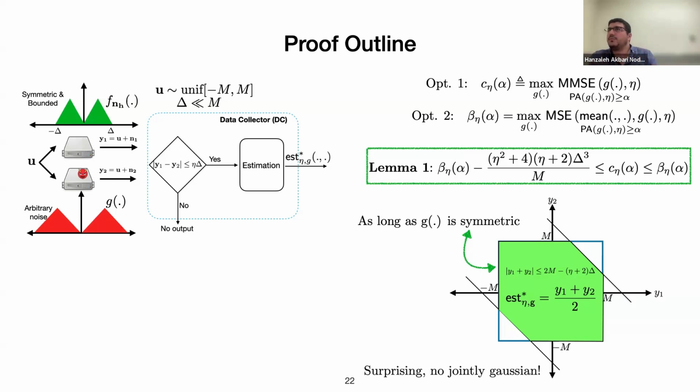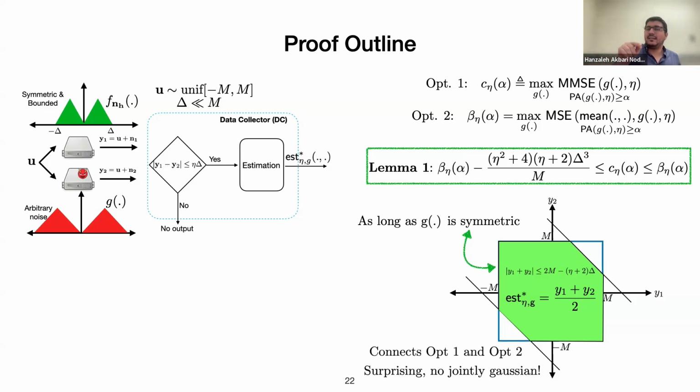And I'm sure all of us know that the only case where the estimation function is linear is when the noise distributions are jointly Gaussian. But here we don't have such an assumption. Yet we have proved that for this range, perhaps surprisingly, the estimation function is y1 plus y2 divided by 2.